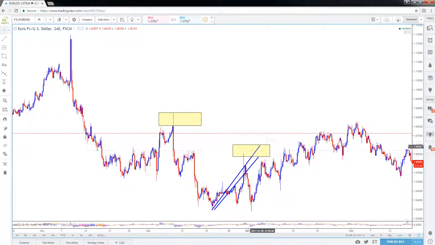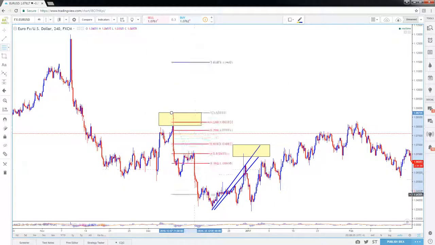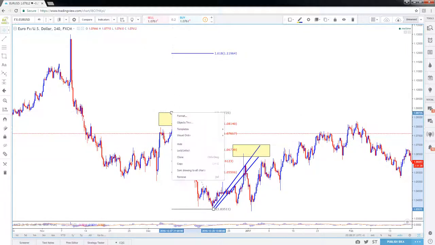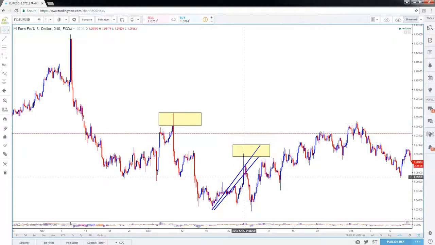Okay. So you see how if we took this length and this length and we apply it here, you see how when the market retraced, roughly it came in around the same. All right. And then of course you have your Fibonacci tool, which gives you that resistance also. So lots of little tricks to the trade that I have used over the many years, stuff that's so simple that you can actually apply to your work right away.